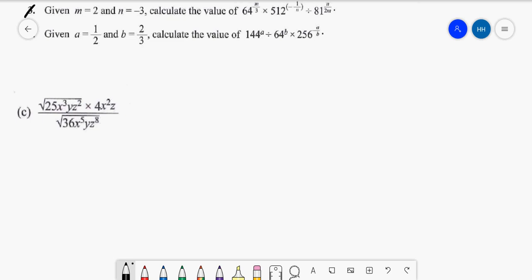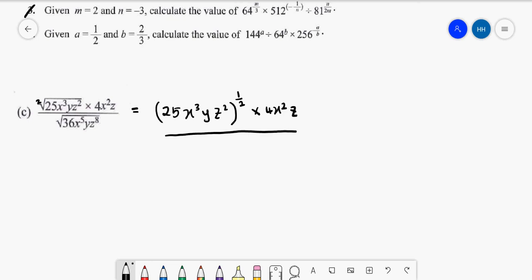You see that here there is a square root. Square root you can write in fractional indices. So everything inside the square root you must put inside a bracket. 25 x cubed y z squared, to the power of 1 over 2, because the root is 2, and then times 4x squared z. Over, same goes for the denominator.